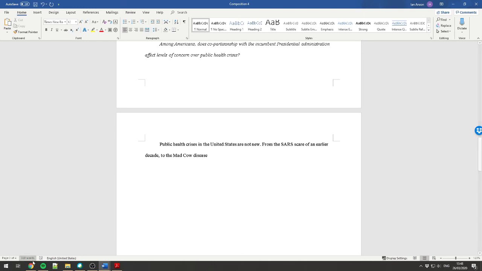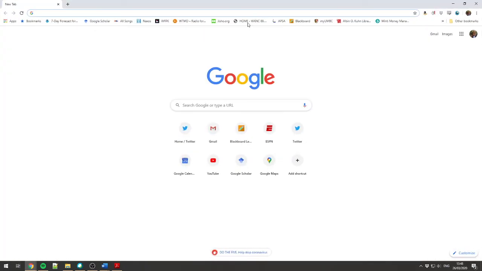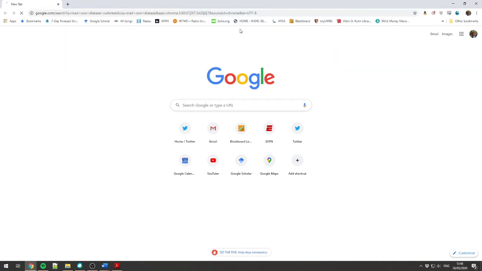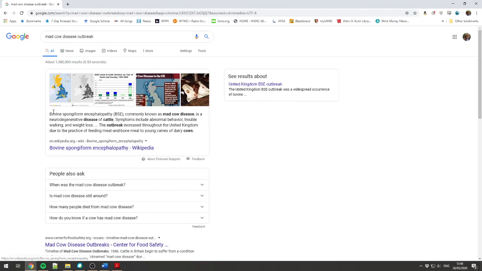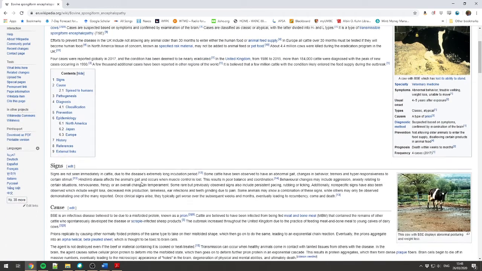I actually don't quite remember when mad cow disease happened. We should probably find that out. Let's see, when was this? Bovine spongiform encephalopathy. All right, look here. Here's your professor using Wikipedia. Again, this is just stuff to try to frame this. When was this?